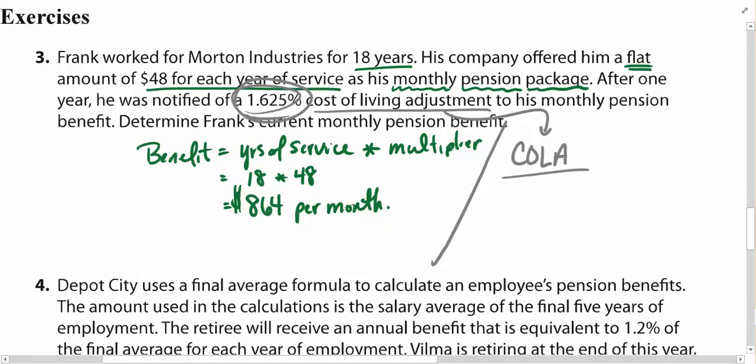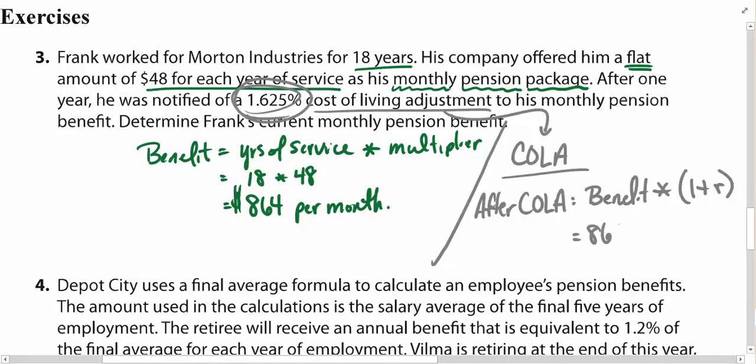So with this adjustment, we need to modify how much money per month his benefit will now be. The way we do that is after the cost of living adjustment, we take the monthly pension benefit and multiply it by 1 plus the rate. This will tell us what our new benefit would be after the cost of living adjustment.